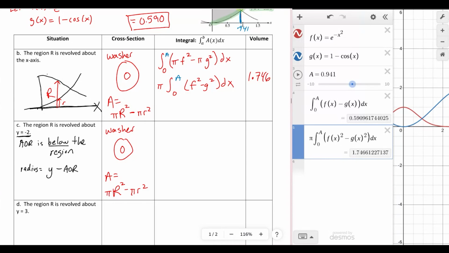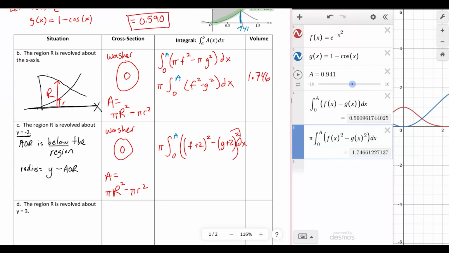So here's our setup. I'm going to factor out that pi and write this as the integral from 0 to a of f minus -2, which would be f plus 2, squared, minus g plus 2 squared dx. I got that dx a little too close in there.